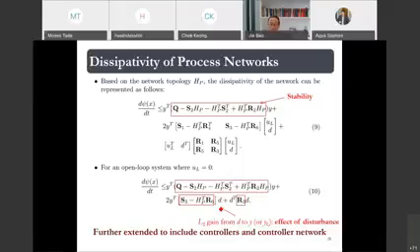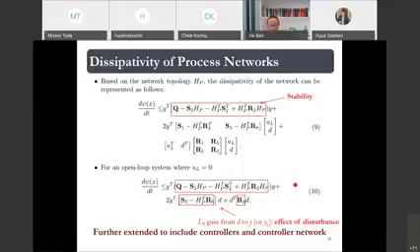So it tells you whether the disturbances would affect the control output significantly or not, because for any process which is dissipative with respect to QSR dissipativity, we can estimate the L2 gain. So it basically tells you the sensitivity of the process outputs to the disturbances.